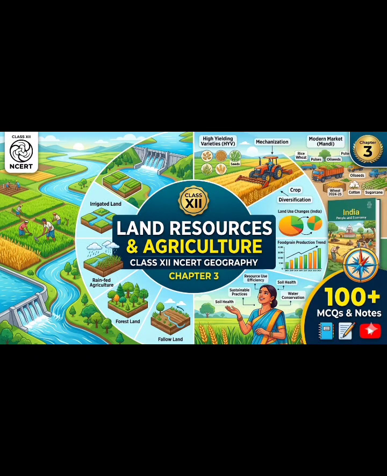Next table is cropping seasons in India. Kharif season is June to September and major crops cultivated in northern states are rice, cotton, bajra, maize, jowar and tur, and in southern states rice, maize, ragi, jowar and groundnut.